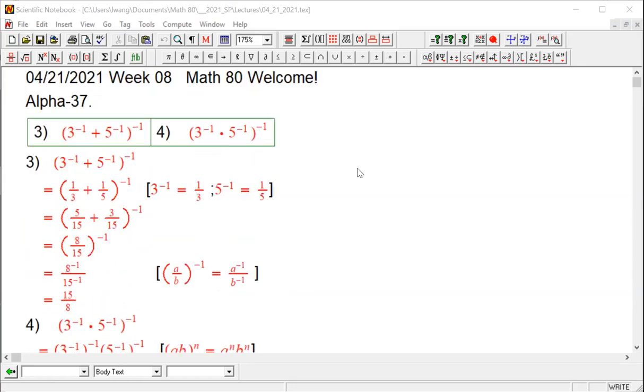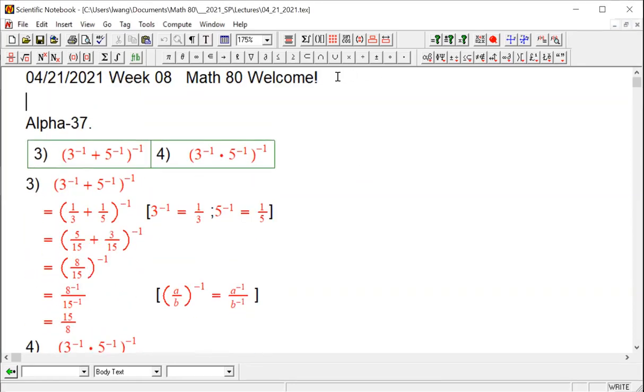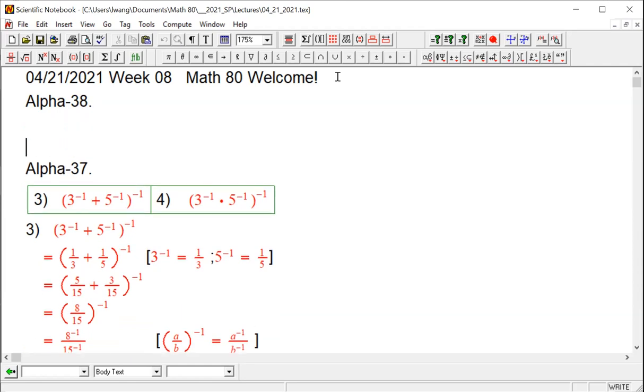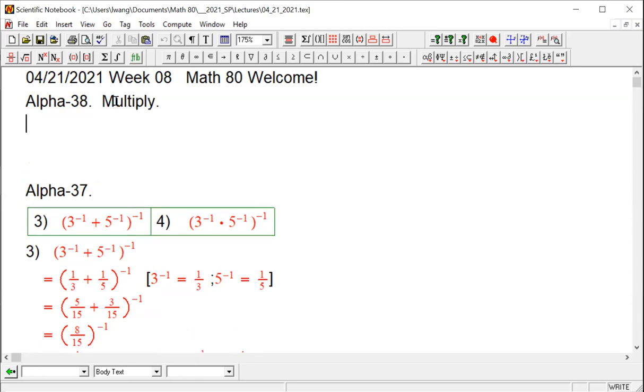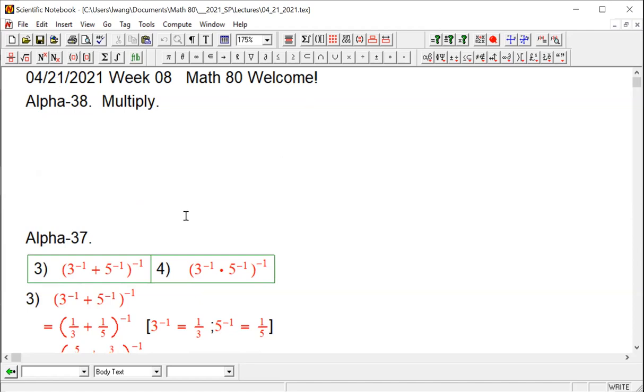So let's look at alpha 38. It's not factoring. This is about multiply. So before we do factoring, we're going to do multiply. So this is the opposite of factoring.